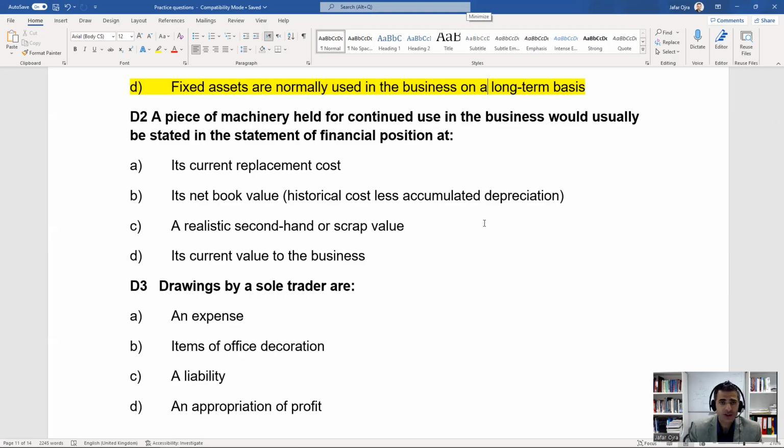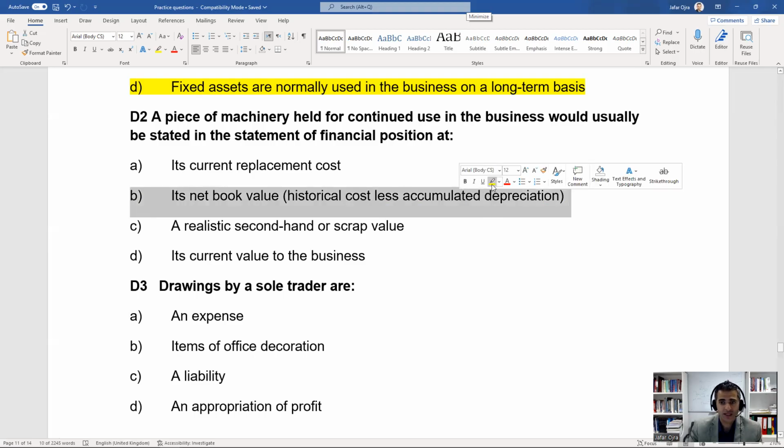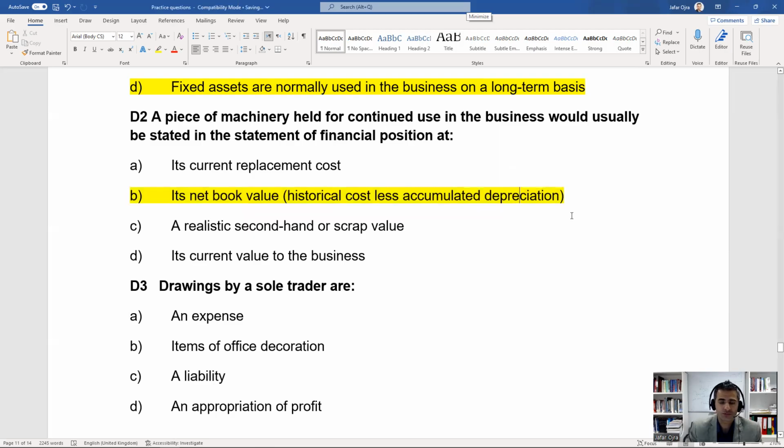So of course, the answer is B. That's when we calculate the net book value, the historical cost minus the accumulated depreciation. This is the net book value, which we need to be calculated. And based on this, we write it in the statement of financial position for the business. And accumulated depreciation equals depreciation for this year and also previous years. So the answer is B.